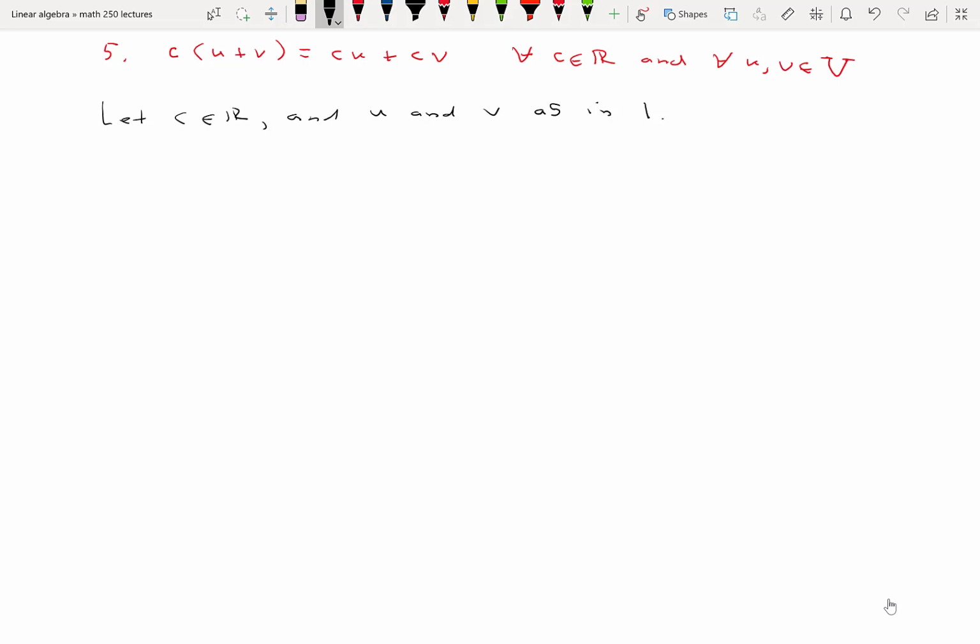So take the left-hand side, c times u plus v. Hopefully you're starting to see the similarity between the matrix proofs that you studied so intensely for your last exam and these proofs. And again, that's the reason why I had you do them, to get ready for these proofs. So I'm letting u and v be as in property number 1.